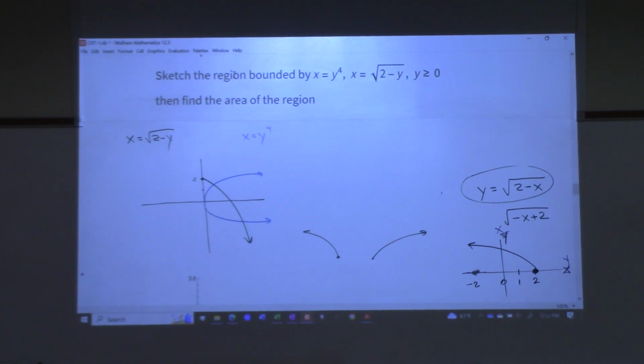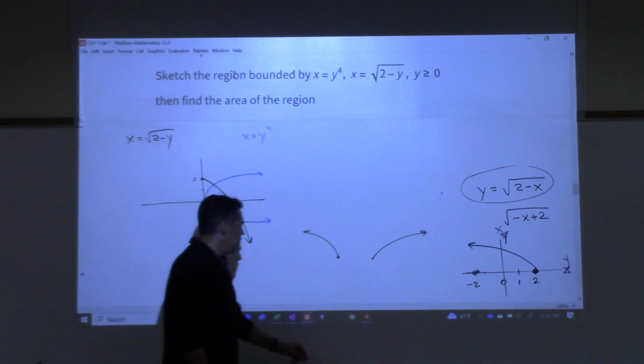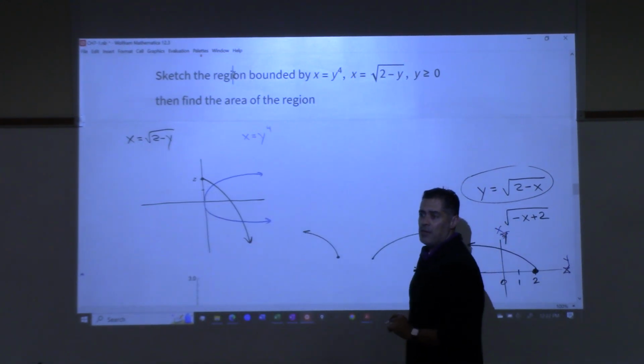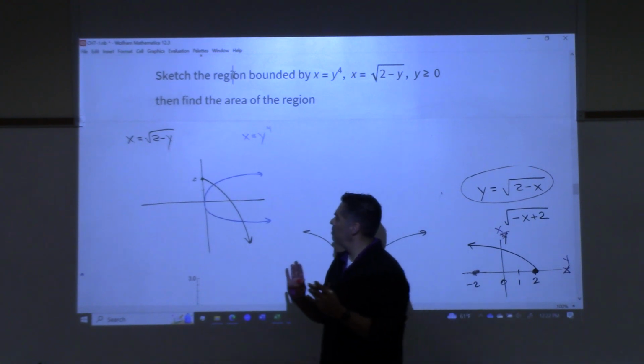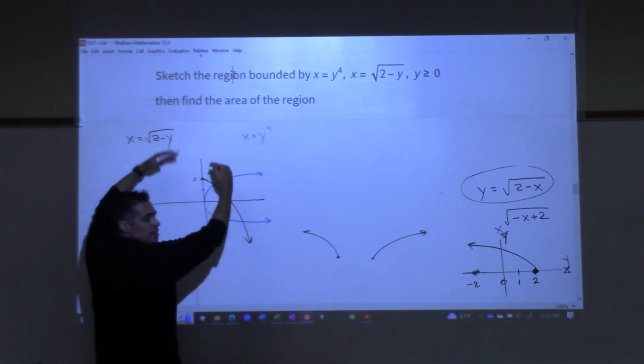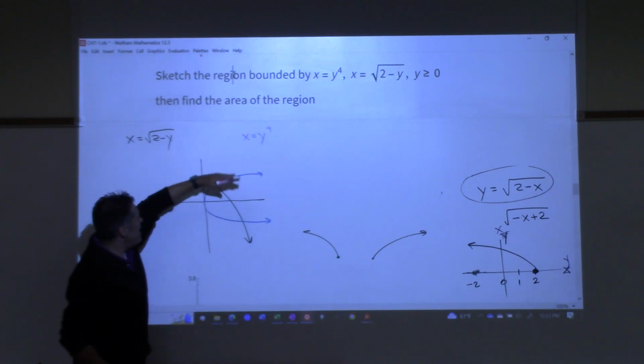Do y'all see the region yet or no? We have one more condition, don't we, that I haven't put up here? That one right there. Y is greater than or equal to 0. Y is greater than or equal to 0 means up here like this, right? So above the x-axis.